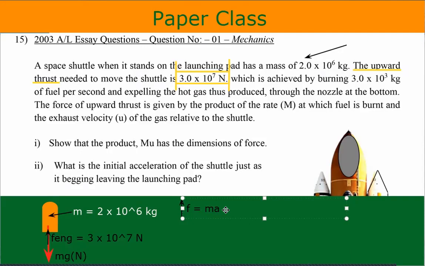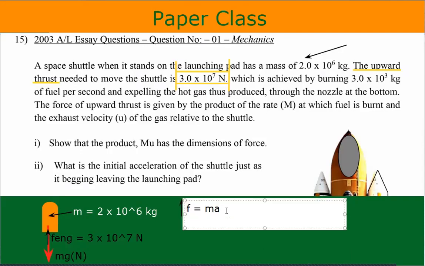If you consider this, the upward force acting on the rocket is the force given by the engine, FE. The weight of the rocket acts downward, equal to mass of the rocket times g. It's given, and acceleration is a. So here we apply F equals MA.